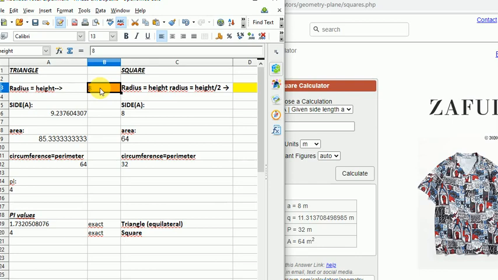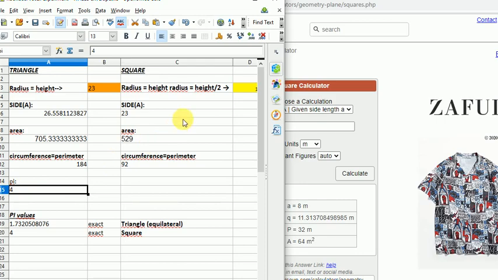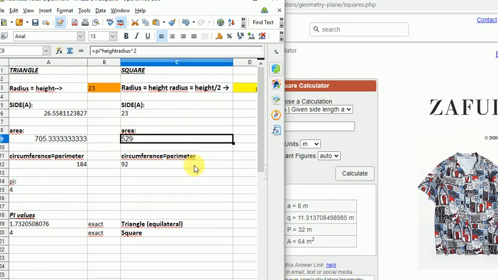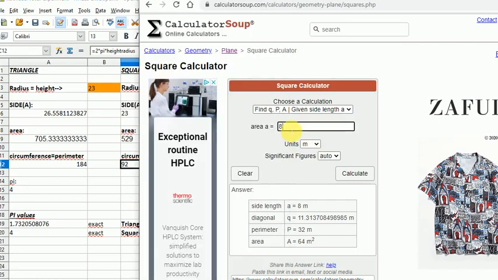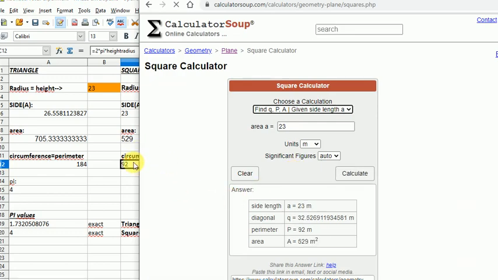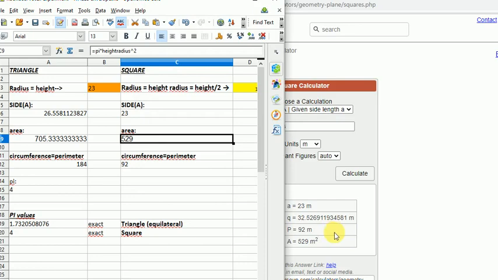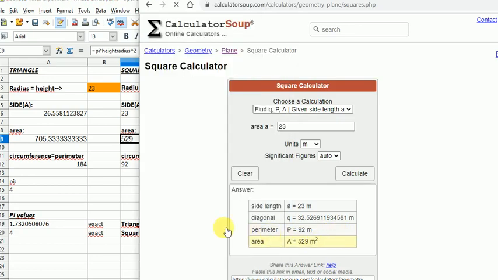If the height, the A value, is, let's say, 23, and the pi is 4, I get 92 circumference and 529 area.